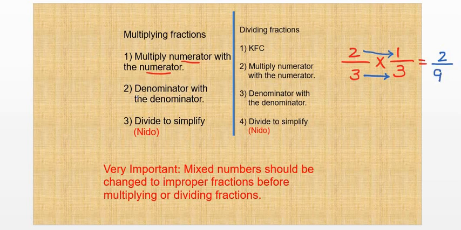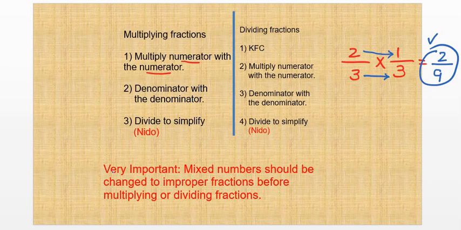Then when we get the answer, we have to think about it. If it becomes an improper fraction, we will divide to change it into a mixed number. And if it is possible to reduce that fraction, then we will reduce it.